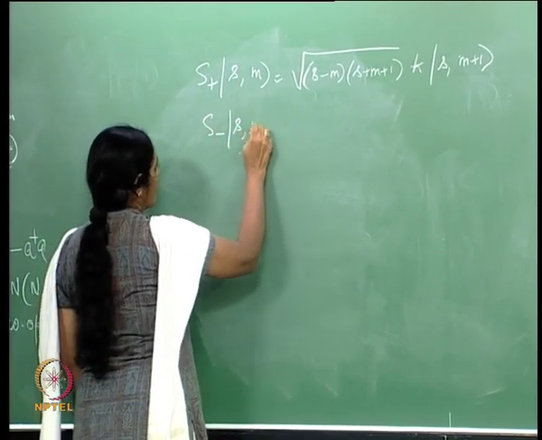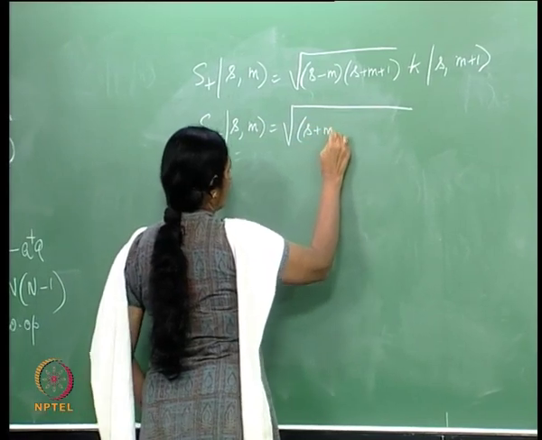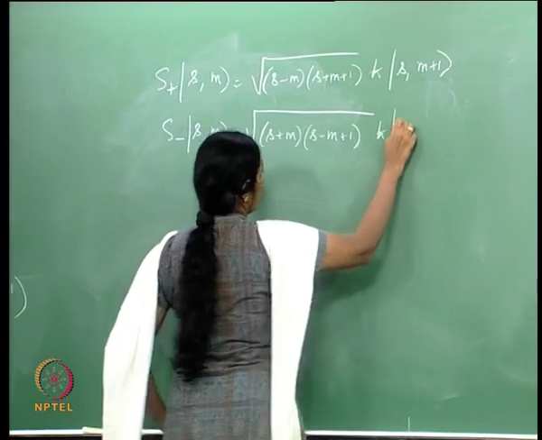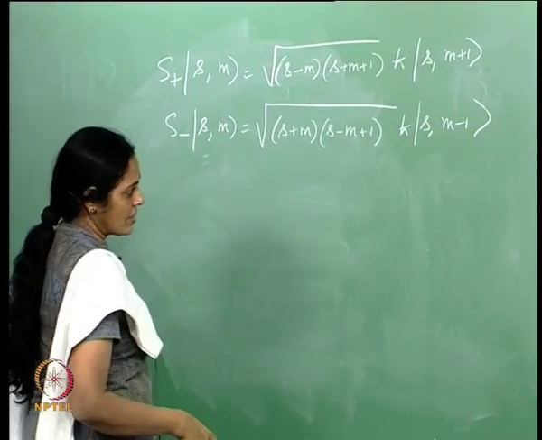Similarly, S minus on |S, m> gives me the following. I use this.